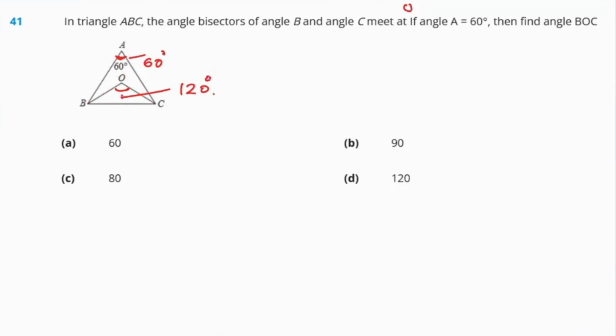There is a rule that when the angle bisectors of two angles meet, the angle here will be double of that. If this is 60, then here it is 120. If that is 30, then here it is double of that, 60. That will always be double in this case only. So here the correct option is option D, that is 120. 120 degrees is the answer.